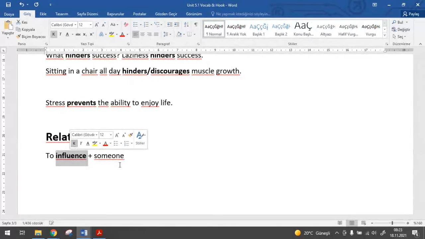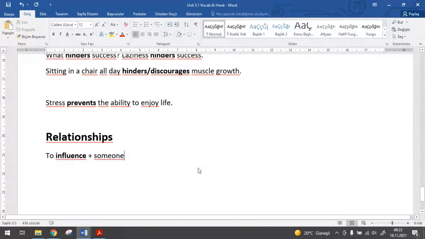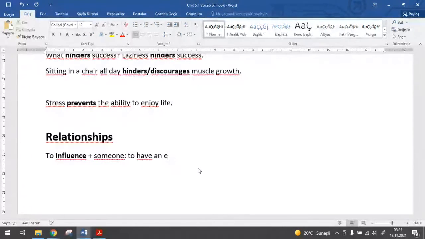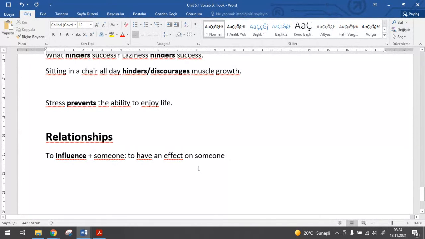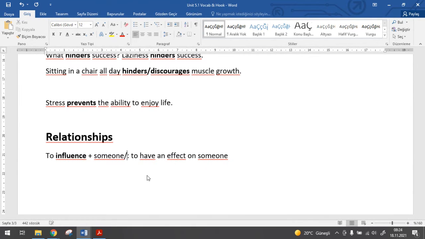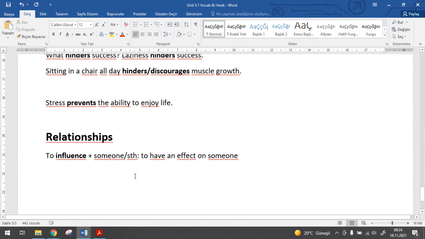What does that mean, though? To influence someone means to have an effect on someone. It can also be used with something.